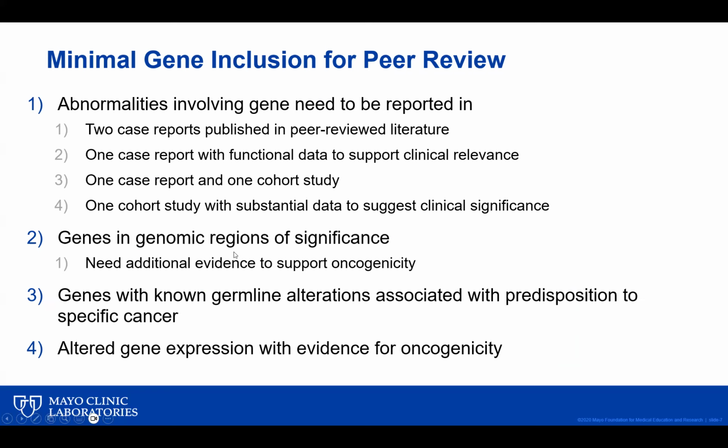And then genes within genomic regions of significance were not just automatically added because they were in that region, but we needed additional evidence to support oncogenicity. Some large characteristic deletions and duplications or gains may contain hundreds of genes, so we need to be able to pinpoint genes that are of actual clinical consequence.